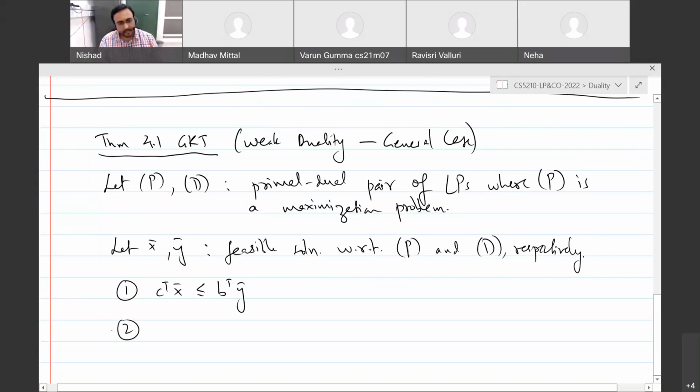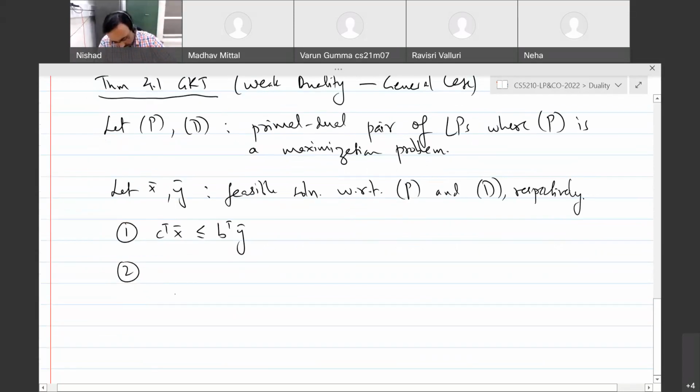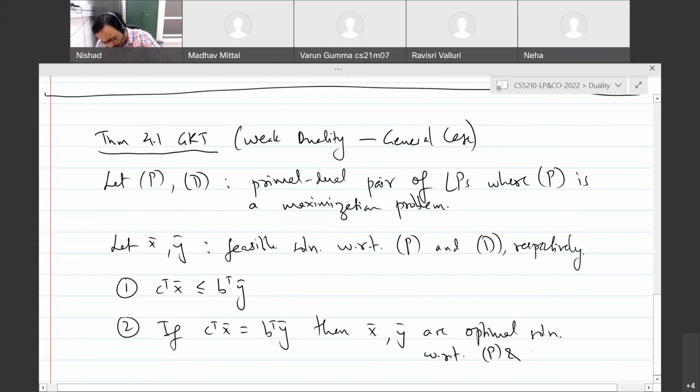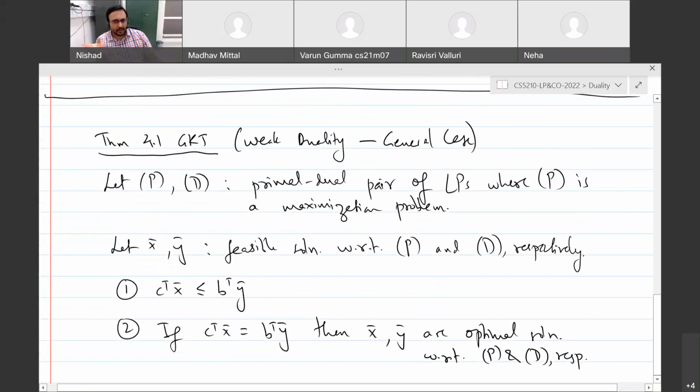And secondly, if they are equal, so it's exactly the same thing as we wrote last time, but now instead of standard equality form LP, we are focusing on any kind of linear program. If equality holds, then x bar and y bar are optimal solutions with respect to the primal and the dual. Okay, so we proved weak duality for standard equality form LPs, and on your assignment you might be proving weak duality for other special cases using a very similar thought process.